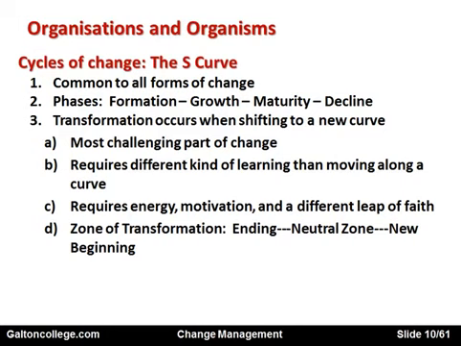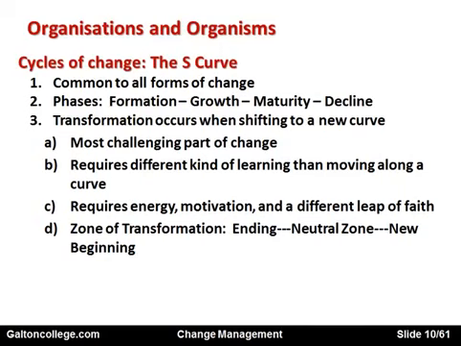So we're talking here about the zone of transformation. We have an ending, a neutral zone, and a new beginning. So products run out, they enter the decline stage, and at some stage they will simply stop selling. They are no longer required. There might be very small sales into the future where some customers were loyal to the product, they just simply liked it, but not sufficient to keep the production lines running.